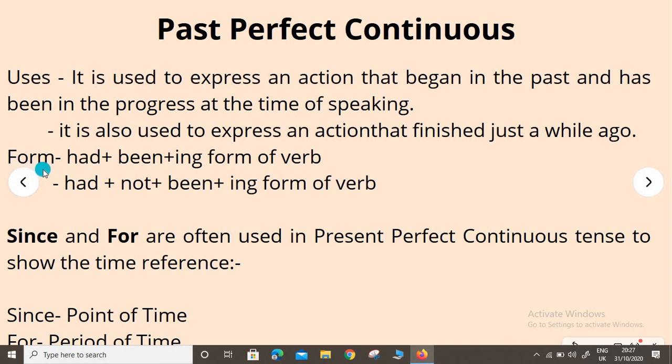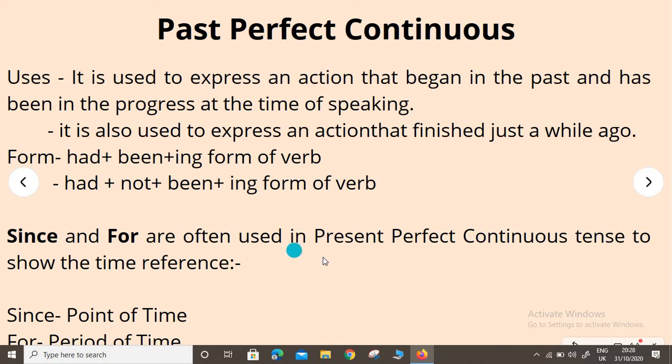And the sentence structure is subject plus had plus been plus verb in the ing form. And if you have to make a negative sentence, you use had plus not plus been plus verb in the ing form. And generally it is used with the time references since and for.